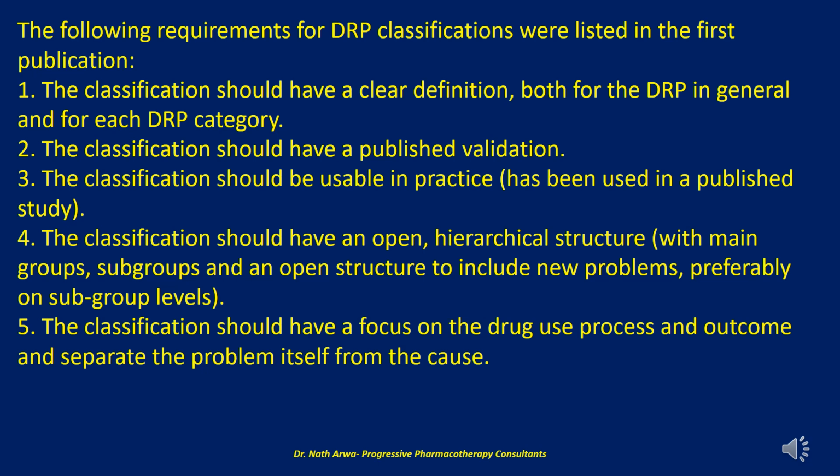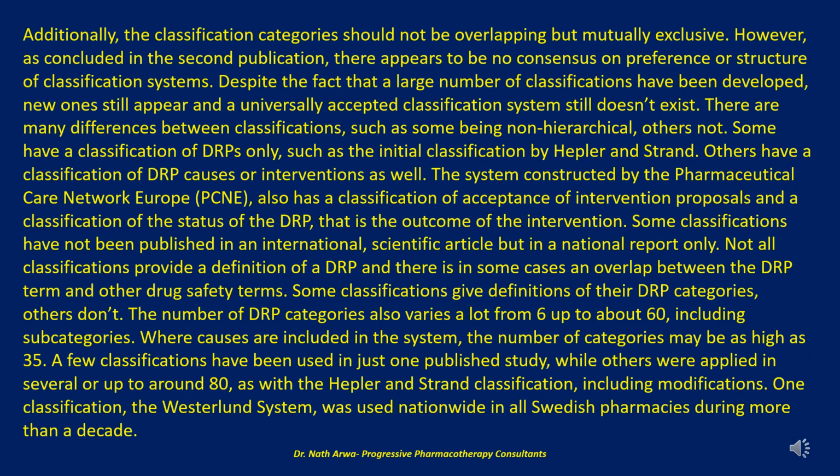The classification should have an open, hierarchical structure, with main groups, subgroups and an open structure to include new problems, preferably on subgroup levels. 5. The classification should have a focus on the drug use process and outcome and separate the problem itself from the cause. Additionally, the classification categories should not be overlapping but mutually exclusive.